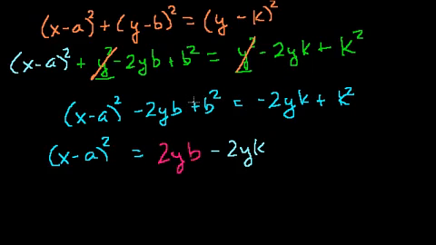And then we subtract b squared from both sides, so it's minus b squared plus k squared. I just arbitrarily decided to write whatever I transferred from the left-hand side to the right-hand side in magenta, so maybe it makes it a little bit clearer.